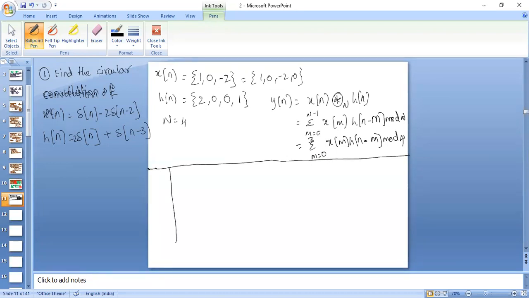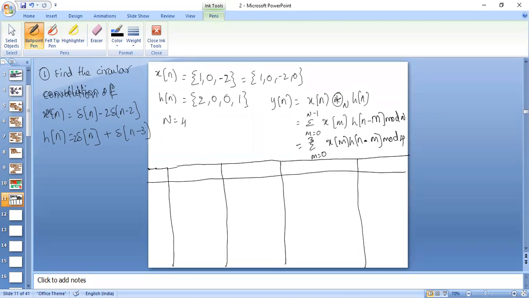So here, as I have already introduced to you, this tabular method. In this tabular method, in the first column it is n, in the second column x of m, in the third column h of n minus m mod 4, right?